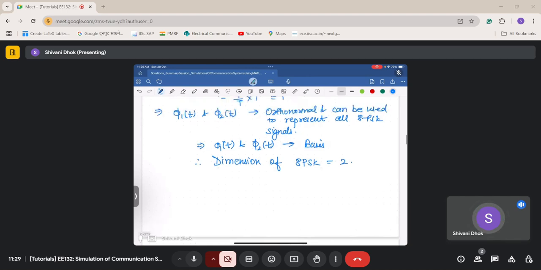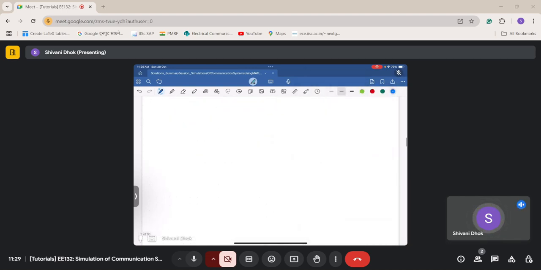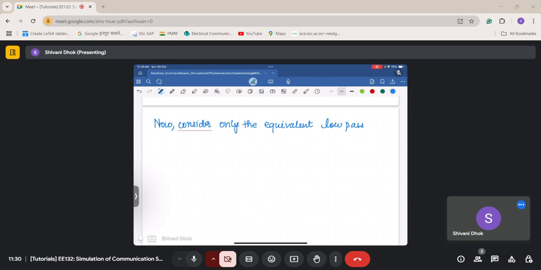Another simpler way to look at it is just look at the equivalent low pass signal. Now consider only the equivalent low pass signal.